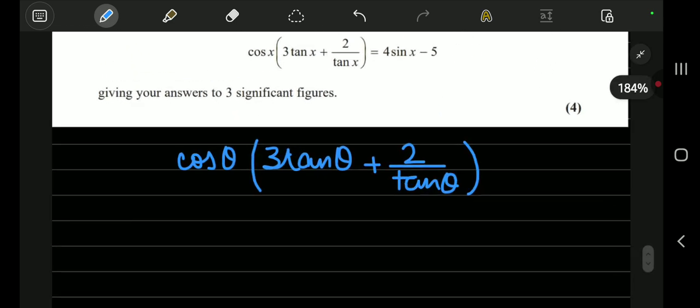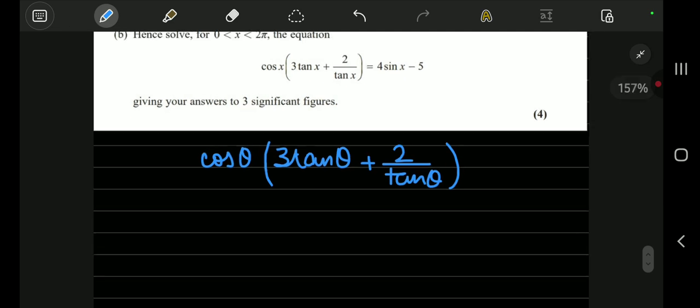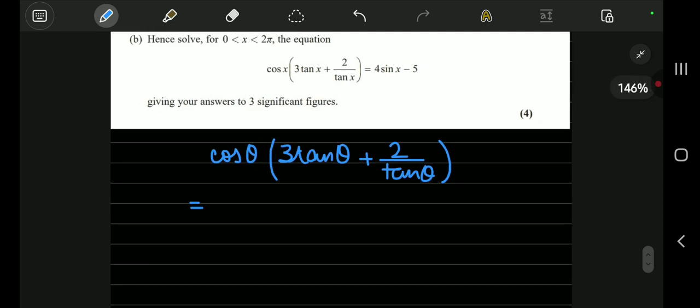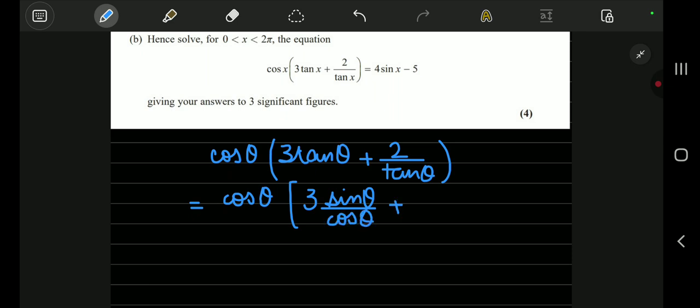Okay, let's simplify this. What we should normally do is change tan theta into sine over cos theta. So we get cos theta times 3 sine theta over cos theta plus 2 over sine theta over cos theta.